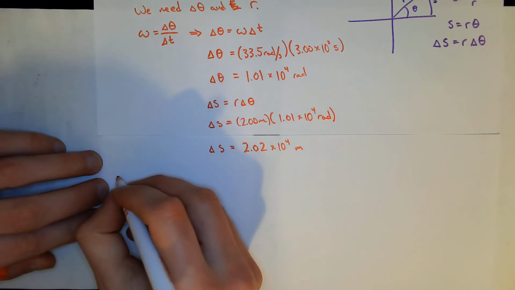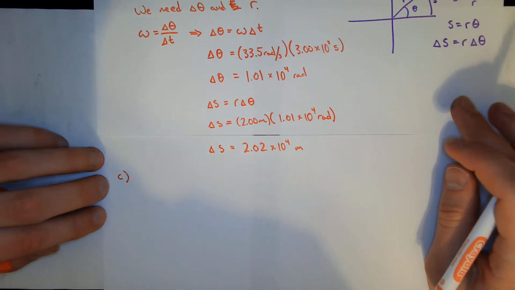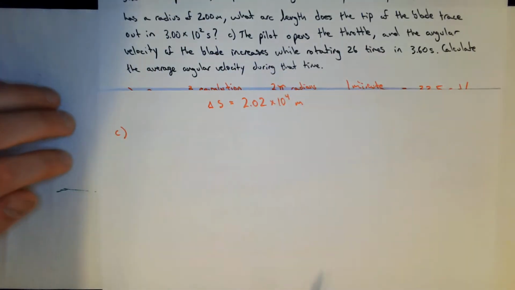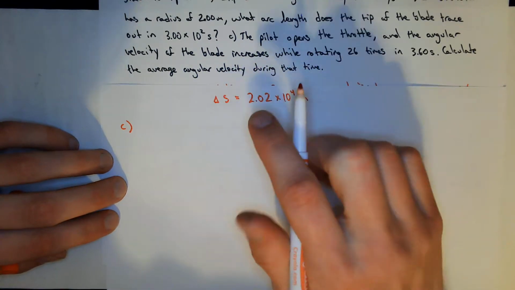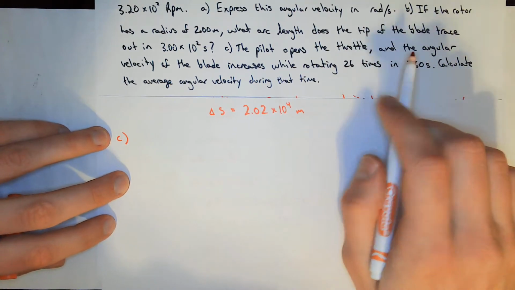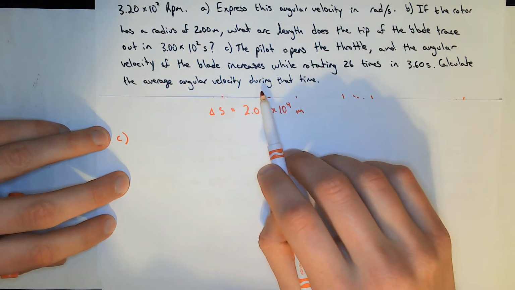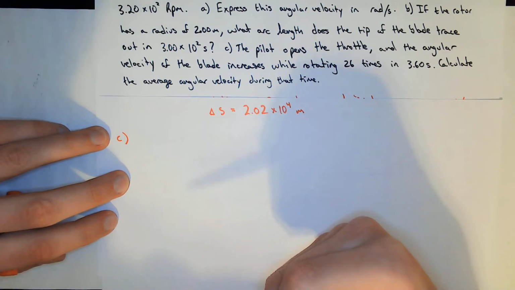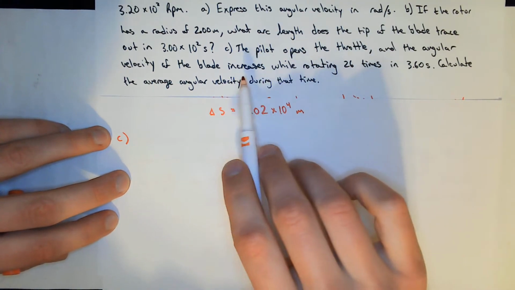All right, let me show what part C is asking. Part C is asking, the pilot opens the throttle, that just means he steps on the gas, and the angular velocity of the blade increases. Okay, angular velocity increases, I'm thinking acceleration, but we haven't talked about that, so let's see what they ask.